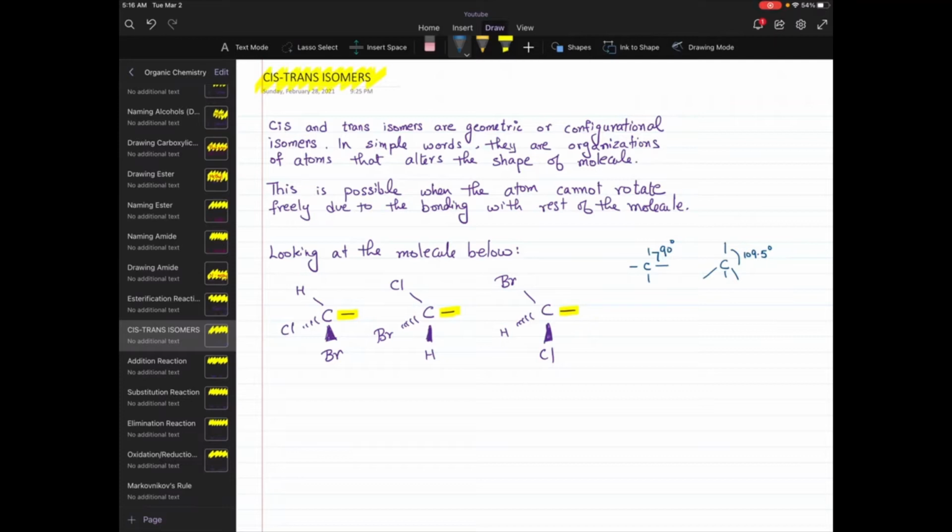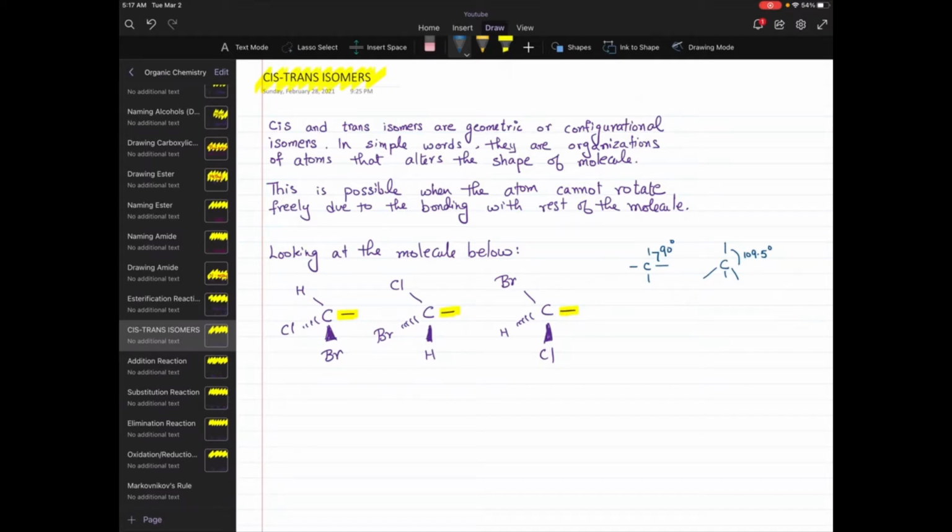In the next one, I have rotated the molecule where chlorine is on top, bromine is behind, hydrogen is forward, and then I have rotated again, and bromine is on the same page, hydrogen behind, chlorine forward. Since it's only connected to the chain using one bond, it can easily rotate, and therefore these 3 configurations will not be considered isomers because this bond can rotate.